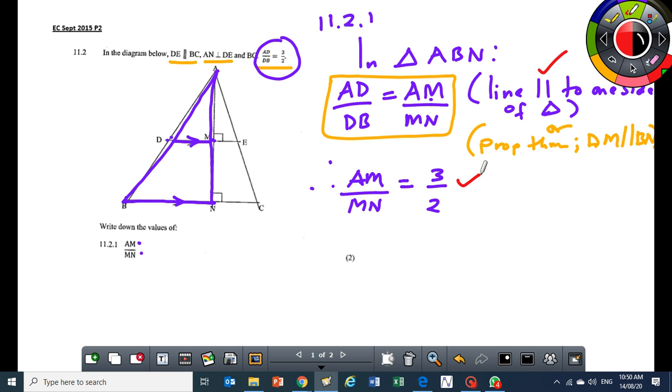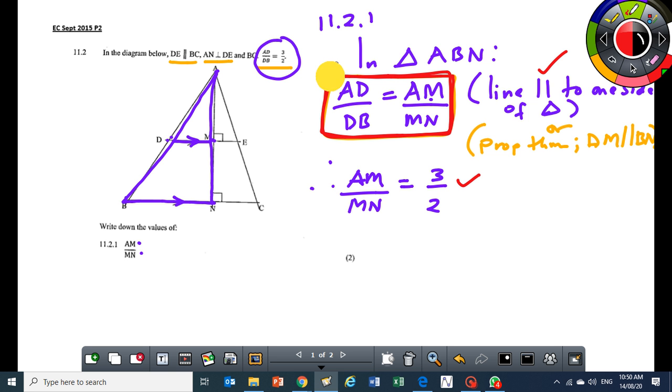Either this statement here may be given a mark together with the reason. That's why it's very important for you to write this. Okay? If the memo allocates a mark for both the statement and the reason, and you write the reason only or the statement without the reason, you end up getting 1 out of 2 if your final answer is correct.